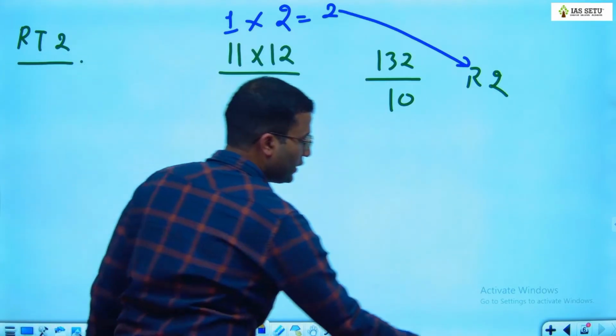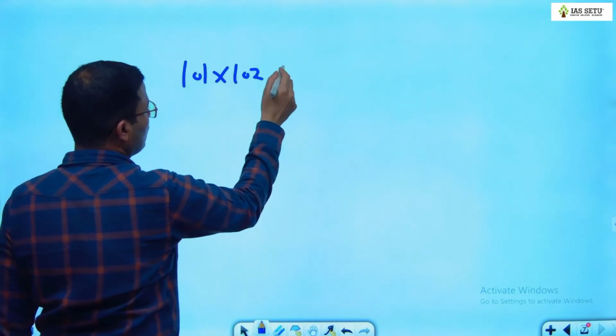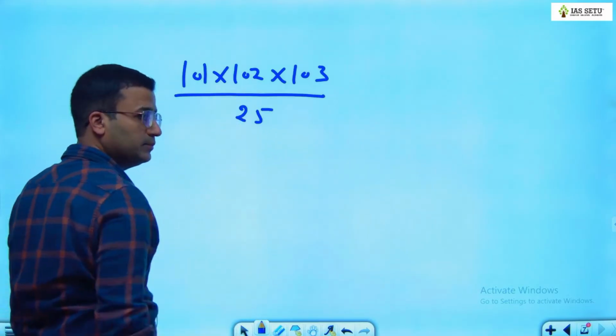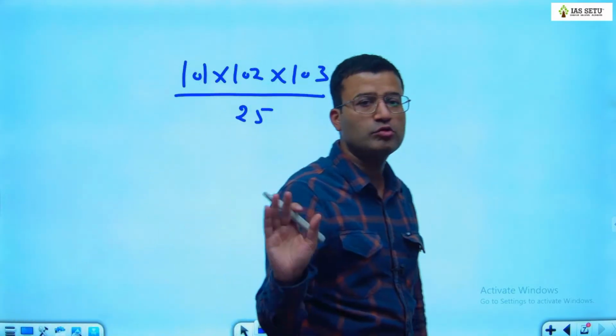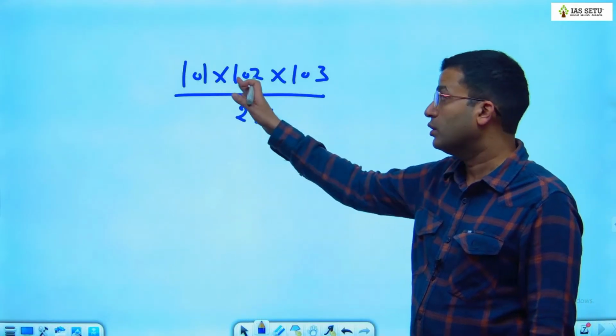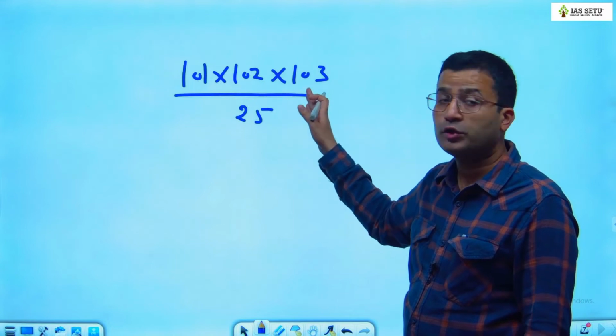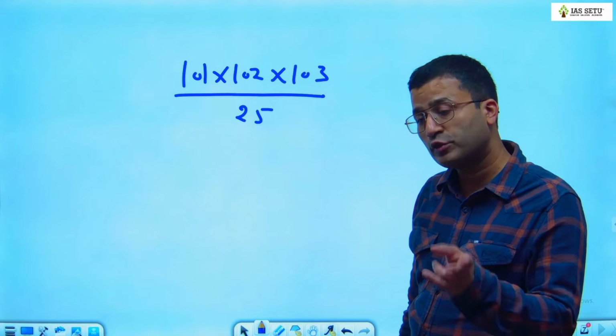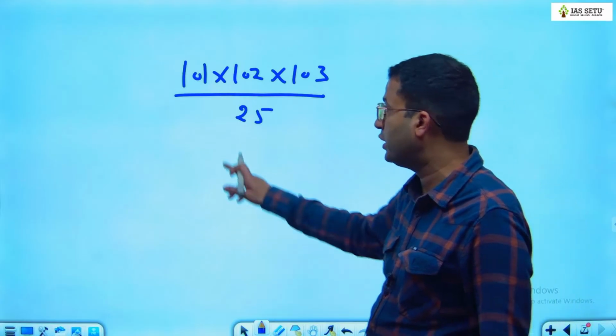Like, see here, 101 into 102 into 103 divided by 25. ठीक है, अगर want to multiply you can do, और अभी तो ये छोटी वैल्यू, अभी तो ये और बढ़ेगी. ठीक है, 101 into 102 into 103 multiplication is time consuming. So better we use remainder theorem as our shortcut.